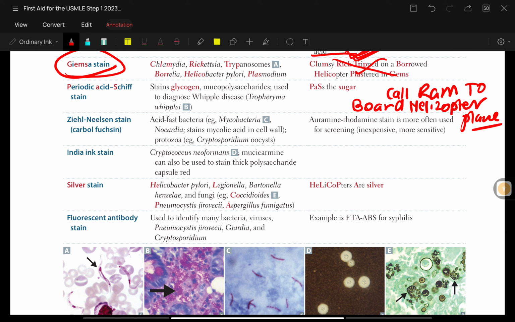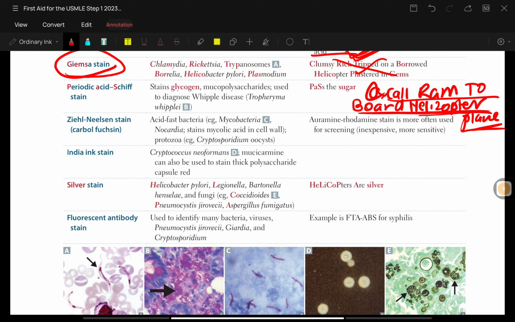Like we board different flights, and it is related to that. So we can remember it as call ram to board Helicobacter, or we can say helicopter plane.